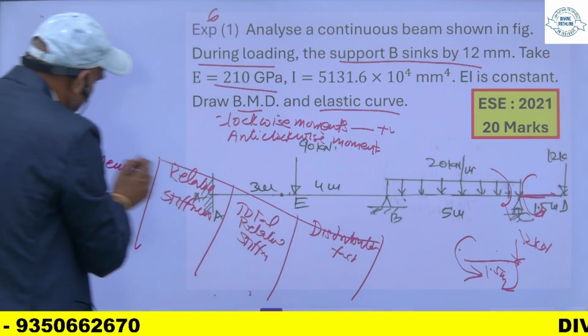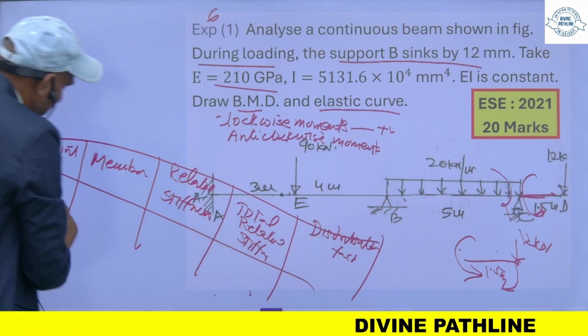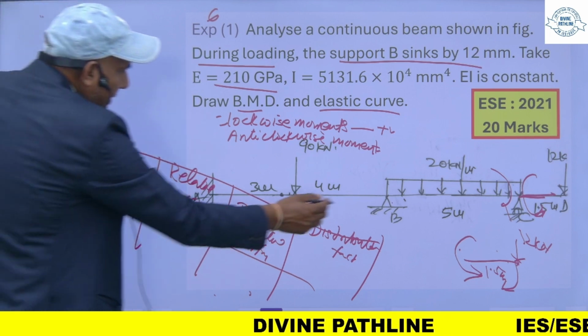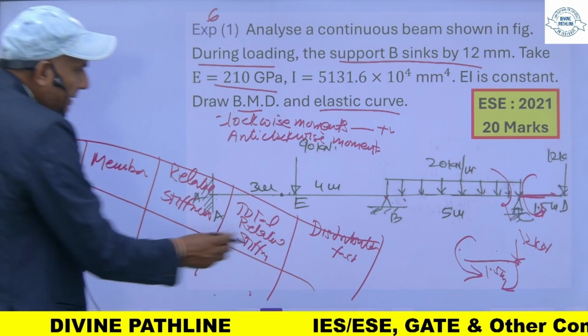Now the joint is B, and one member is BA, another member is BC.